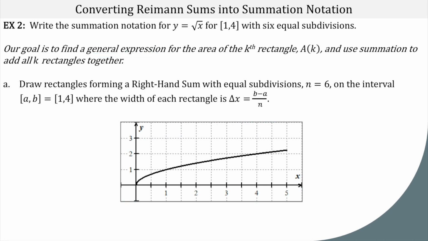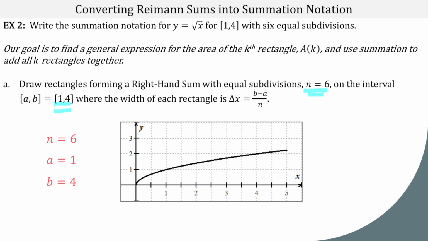We're going to start by drawing rectangles for a right-hand sum with equal subdivisions. We want 6 rectangles going from 1 to 4. All right, so 6 rectangles starting at 1, a equals 1, ending at 4, b equals 4.